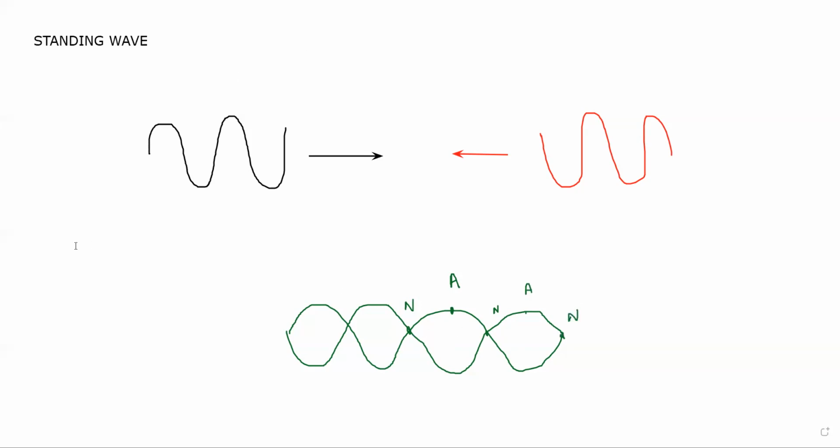So at an antinode, there is a constructive interference, and as they have a constructive interference, they increase the effect of each other. What is the condition for constructive interference?